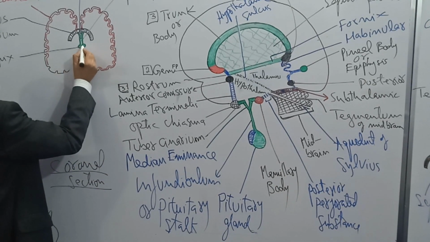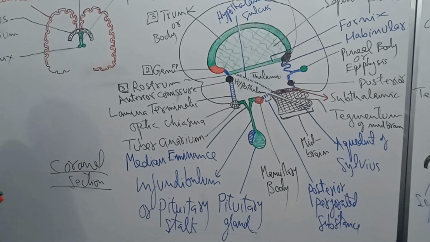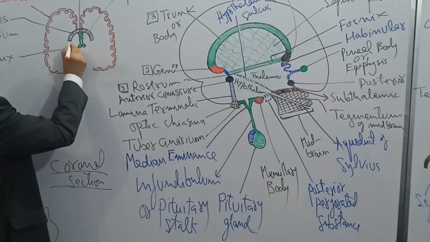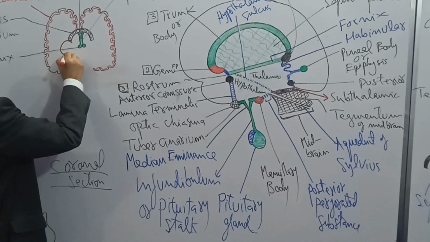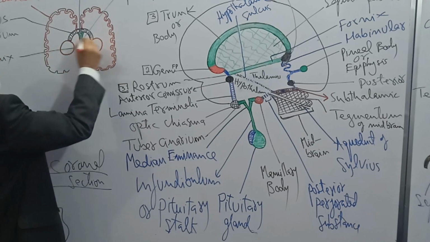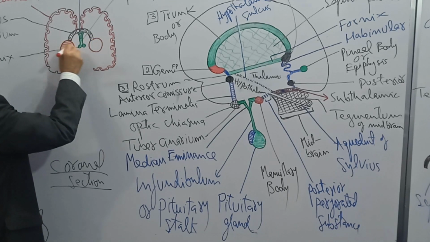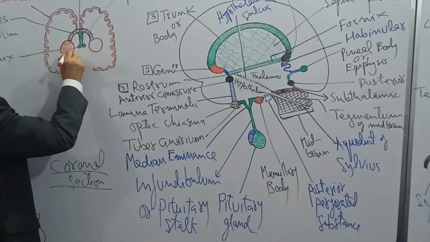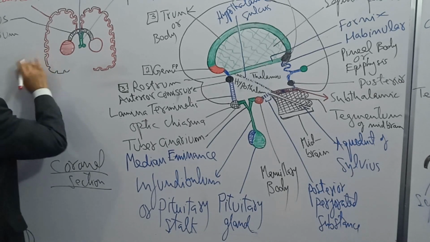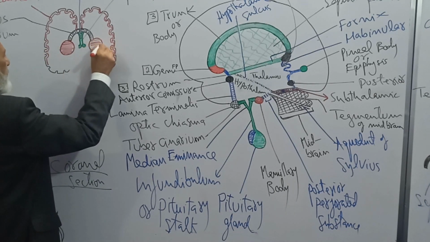At the lower end of the septum pellucidum is the fornix. Then on each side is the diencephalon, that is, the thalamus. This is the right thalamus, and this is the left thalamus.